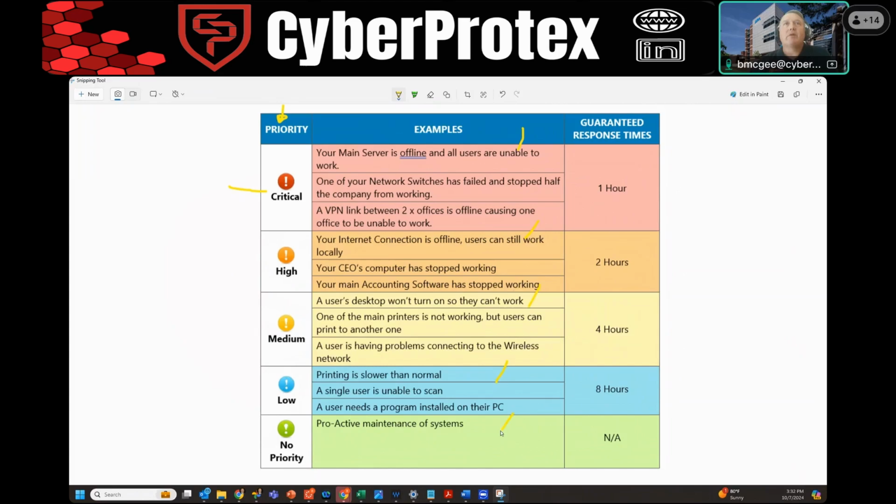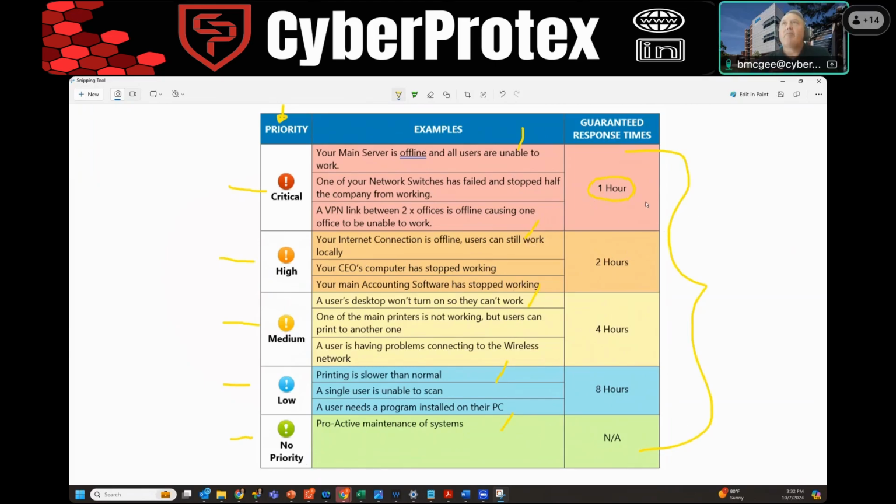We give examples of what we feel meets each one of those different SLA levels, and it's tabular in nature, where it's enumerated from critical up top, high, medium, low, to no priority, and then what we typically will guarantee for response times over on the right-hand side. Usually within 5 minutes, we're responding to any of these tickets or issues that come up.